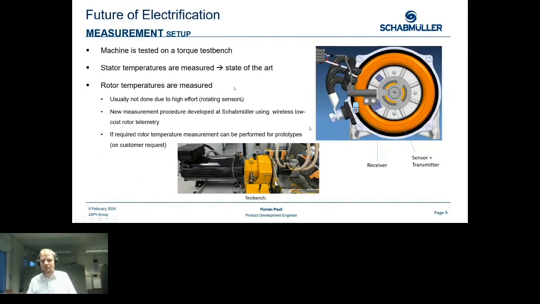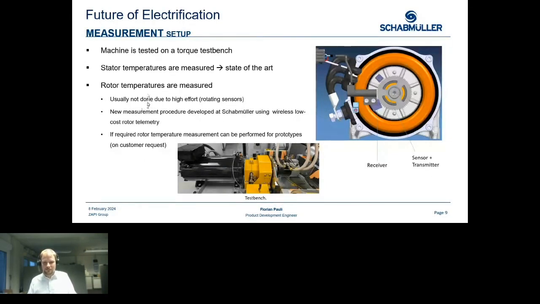What's also done more or less and is more or less state of the art is measuring the stator temperature or the winding temperature of the machine. We developed a new approach where we can also measure rotor temperatures. It's usually not done because it's quite cost expensive.